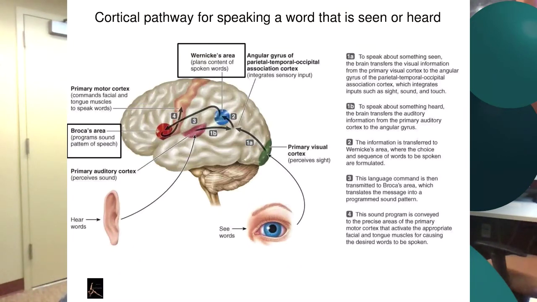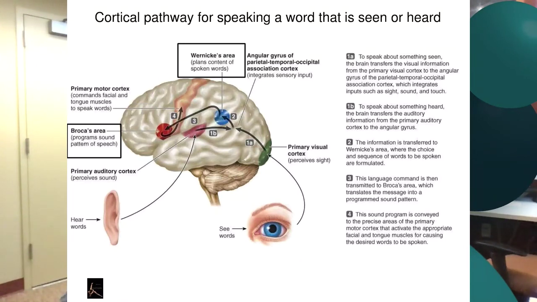And so it's more of comprehending and being able to describe objects that are seen, right? Broca's area then is where, when you want to actually formulate those words, you determine the sequence of motor neurons that have to fire to get you to move your mouth and your lips or your tongue in a certain way to actually formulate those words.